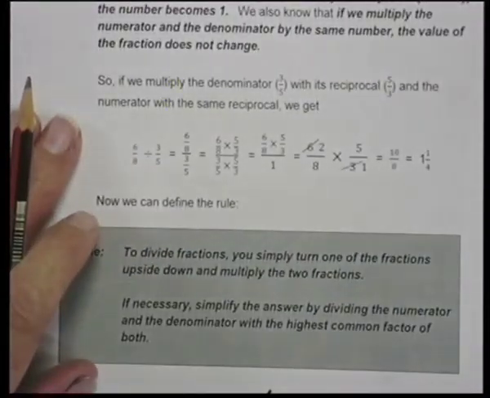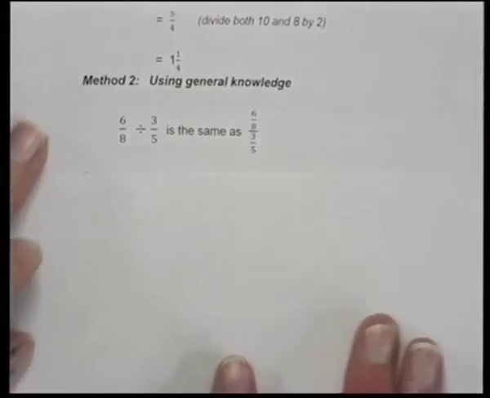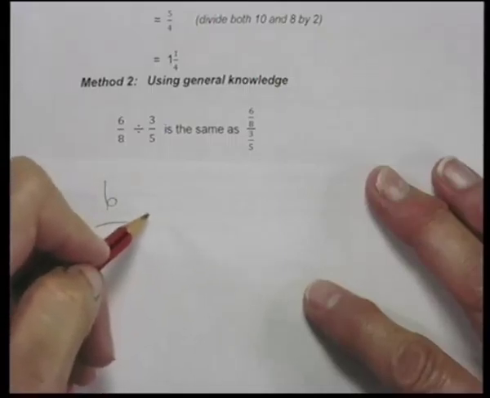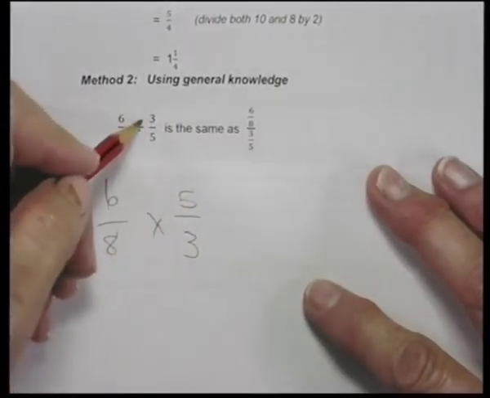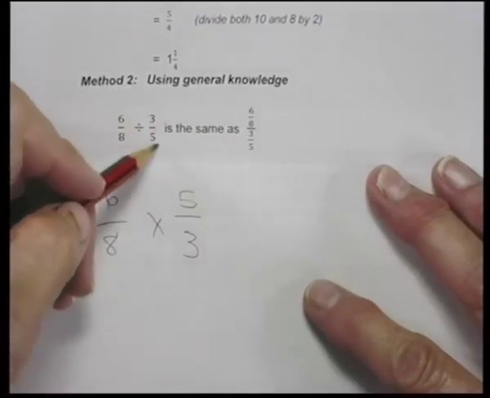The same with this one. If we use general knowledge, we say 6 divided by 8 multiplied with 5 divided by 3. So we multiply and find the reciprocal of 3 over 5.